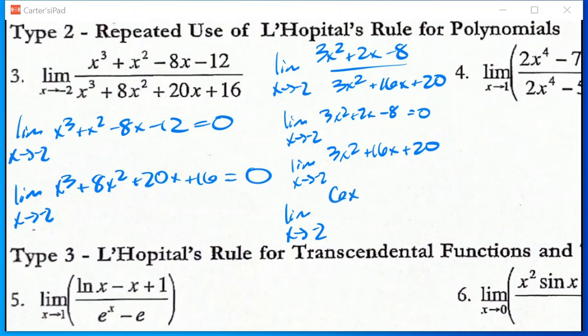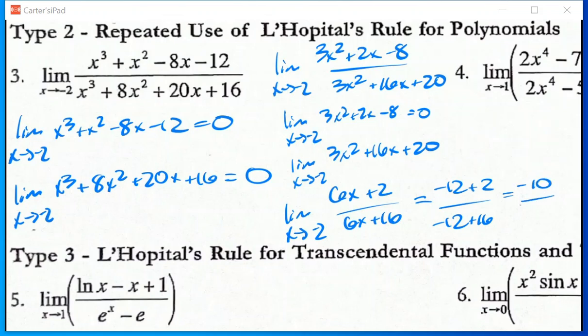So 6x plus 2 over 6x plus 16. Hopefully I did this right.